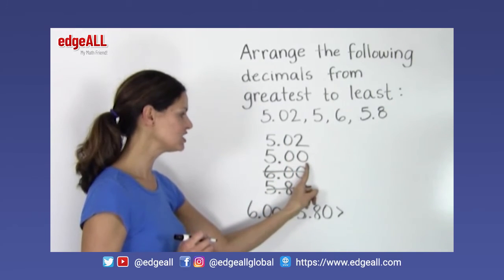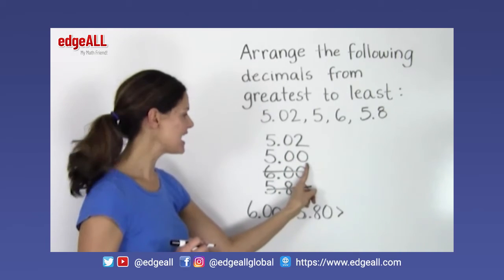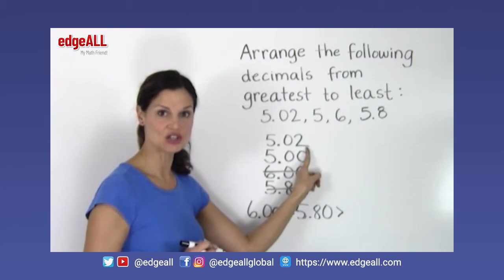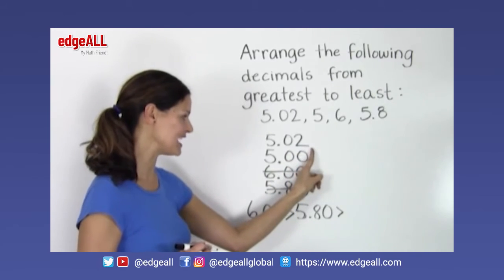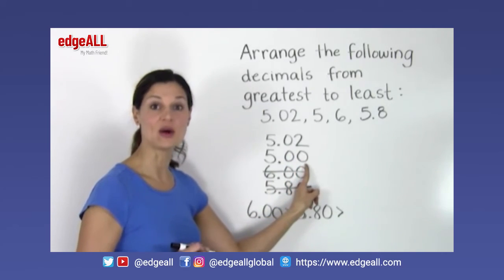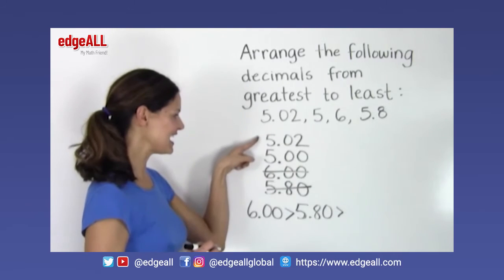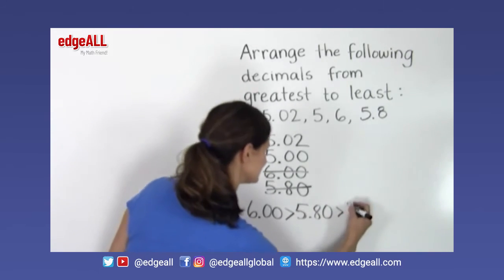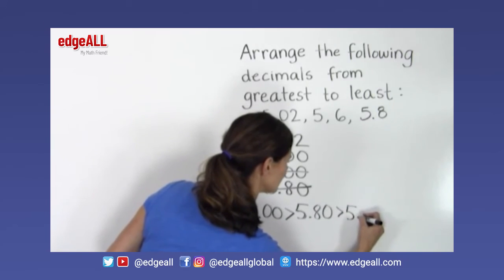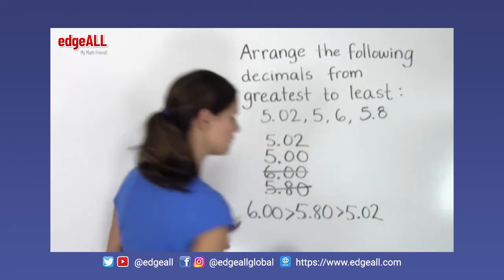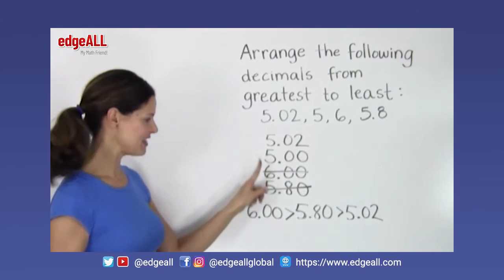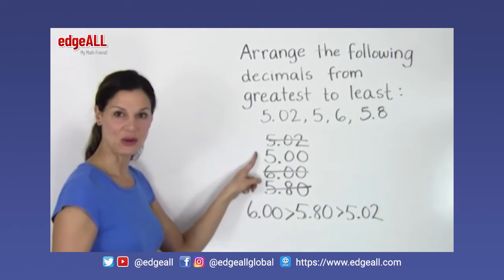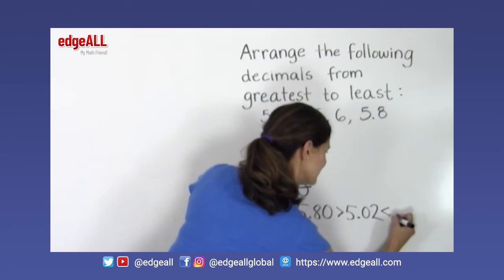And when I get here to the hundredths place, I can see that 5.02 has a larger number in the hundredths place than 5.00, making it larger than 5.00. So my next number in descending order is going to be 5.02, and then my smallest number in the whole set is my whole number 5.